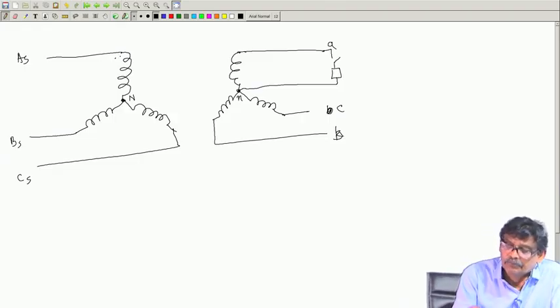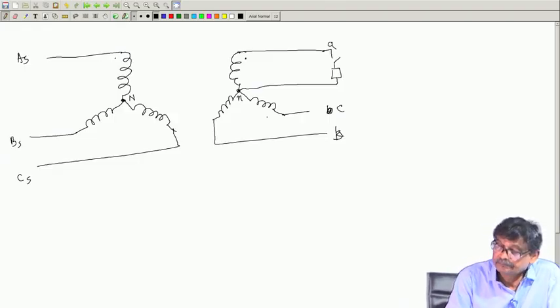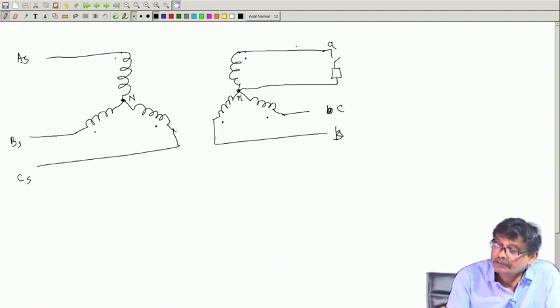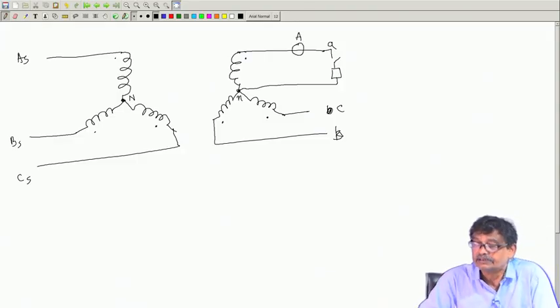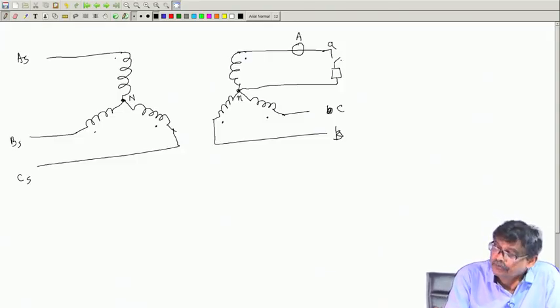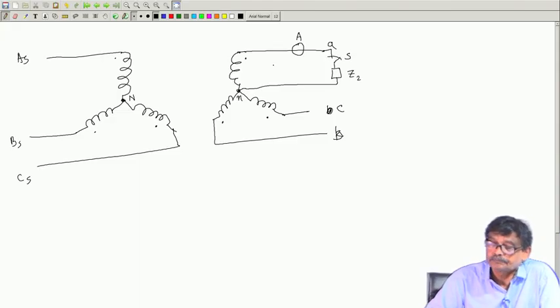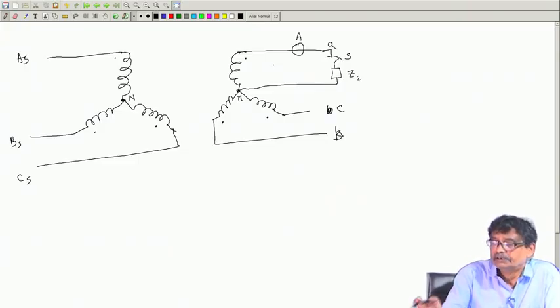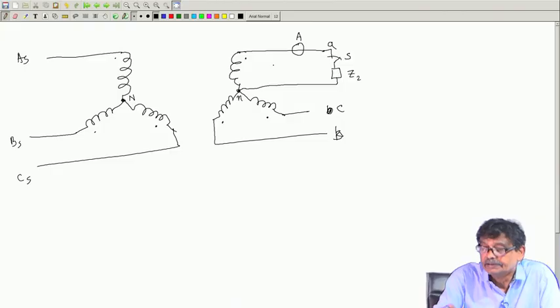And these are suppose dots here. B, C are open. This is quite interesting. And suppose I have connected an ammeter in series here to understand what is happening. If you close this with some Z2 connected, close the switch, the question is how much will be the current in this phase.